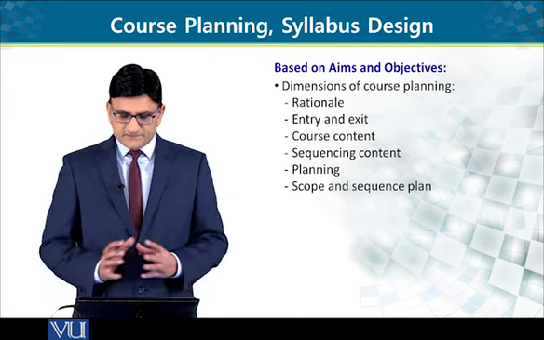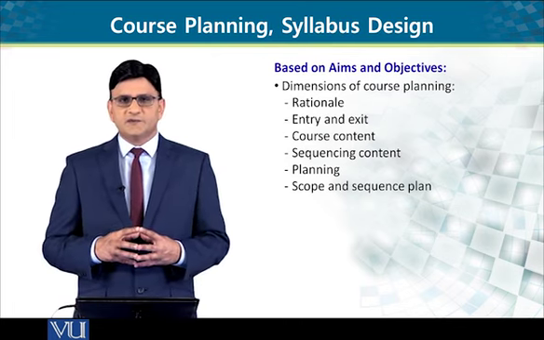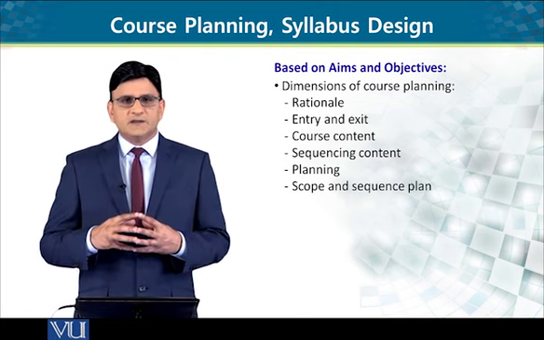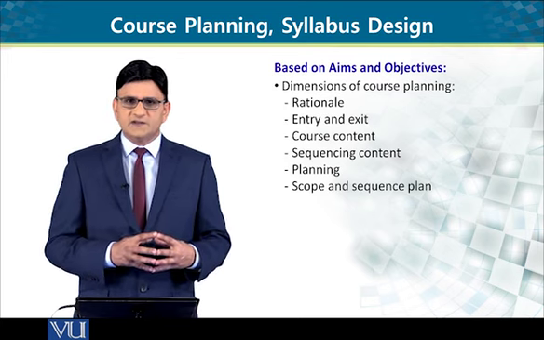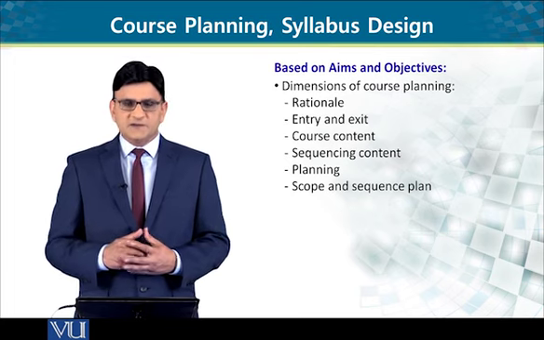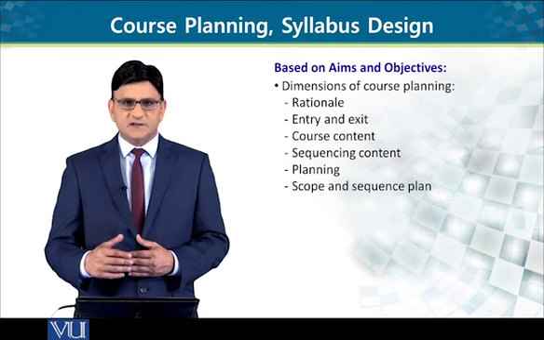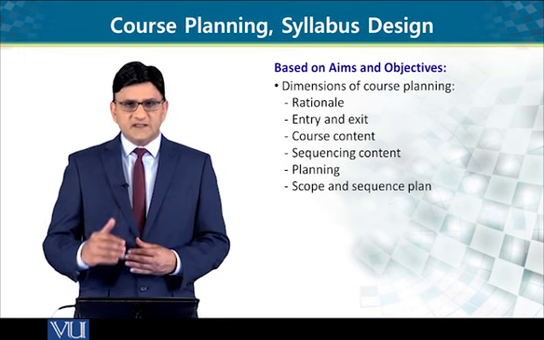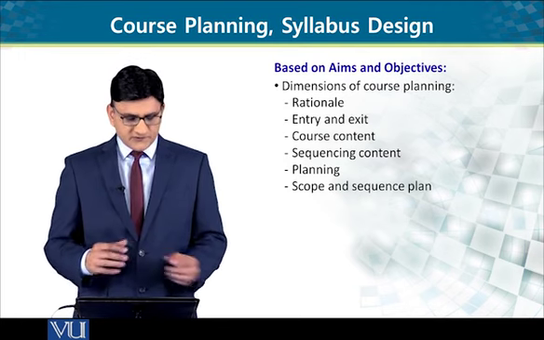Then we've got another dimension of course planning, which is to give entry and exit levels: what the student is going to do after grade 1, 2, or 3. These are some of the dimensions I'm just briefly mentioning here. We will discuss them in our subsequent sessions.